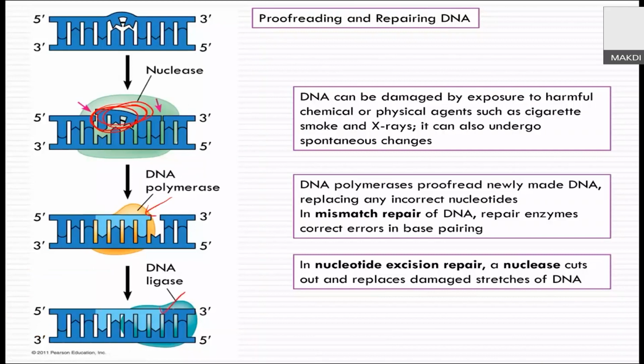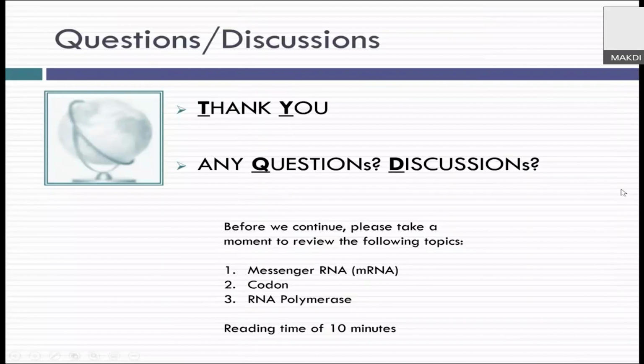DNA ligase will join back the new DNA, because this one needs a covalent bond. Covalent bonds need DNA ligase. Okay, this one is very short. Maybe you will discuss more in your tutorial sessions.